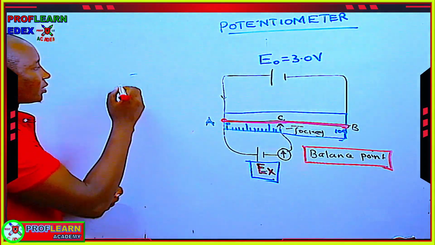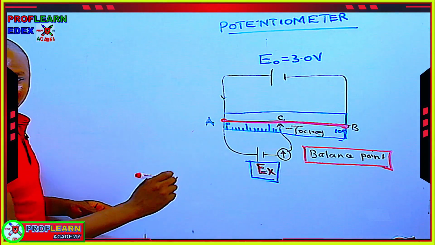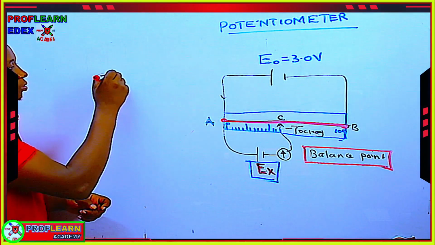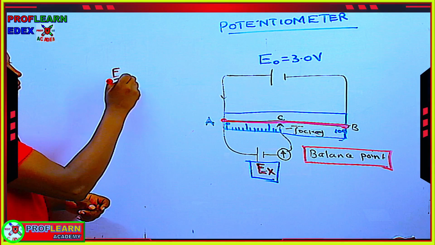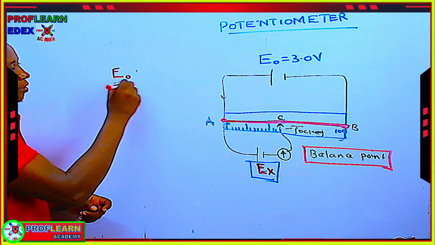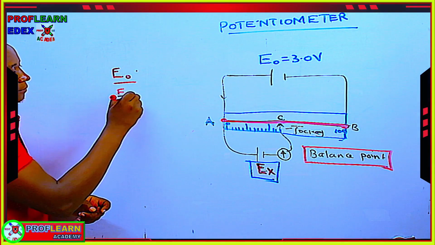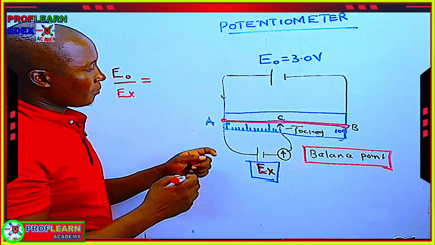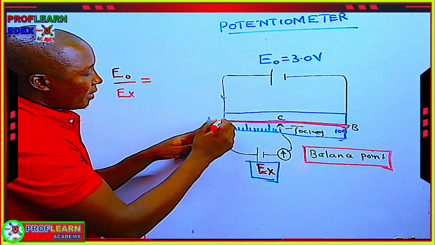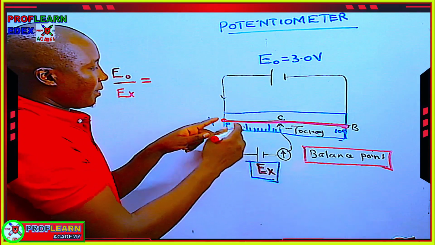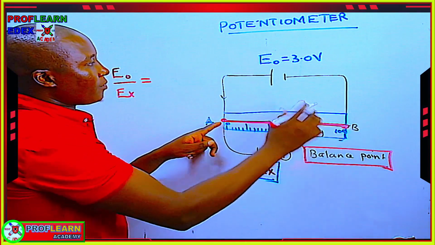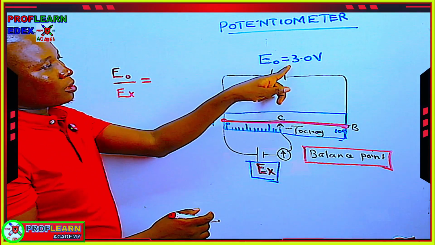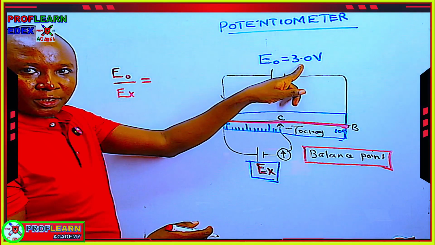Once you have gotten the balance point, you are going to say E naught over EX should be equal to AB. Why? The length of AB is where the potential difference is 3.0 volts.